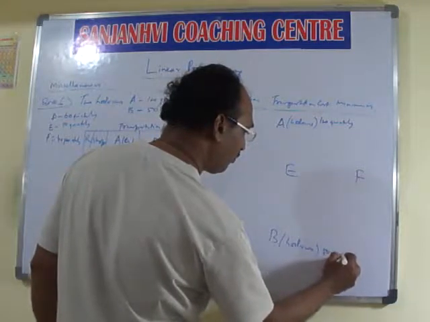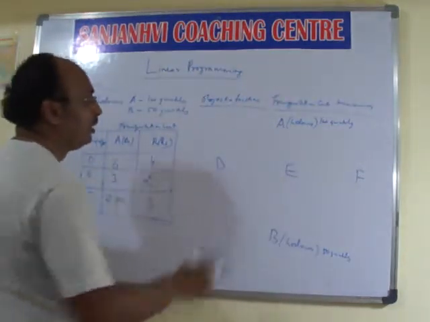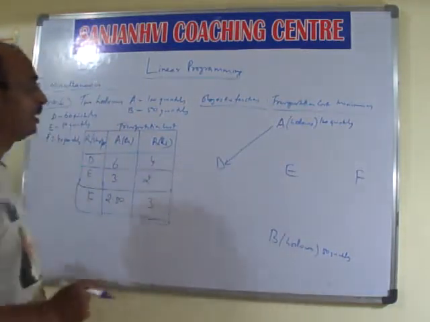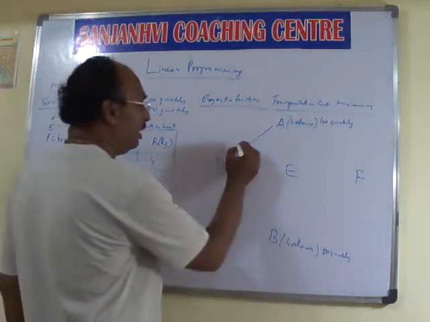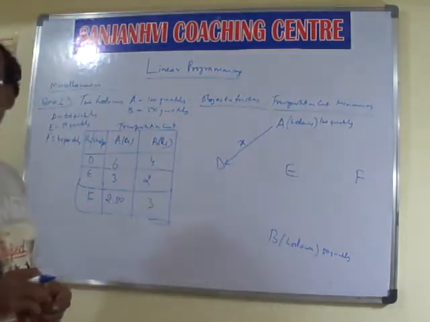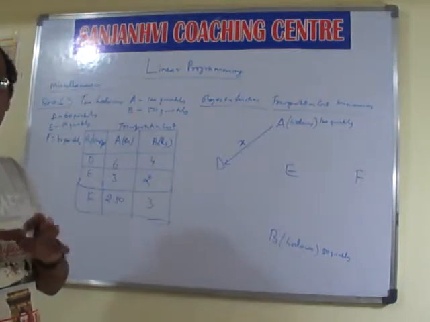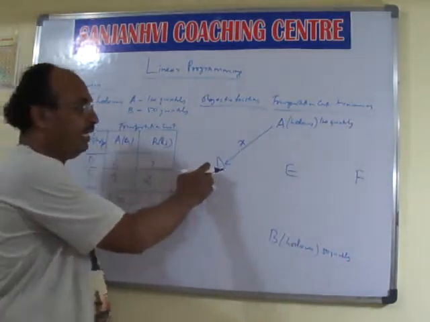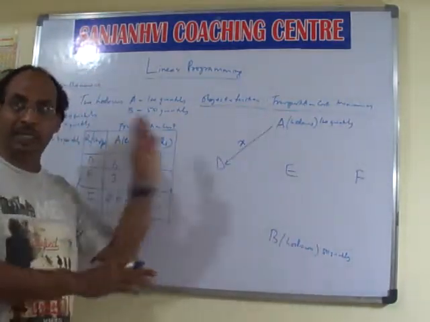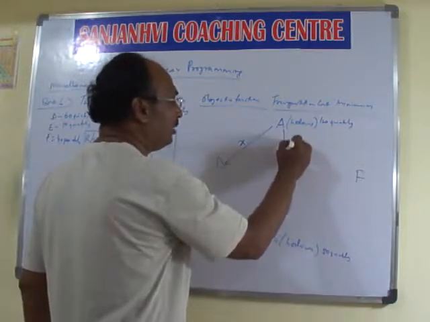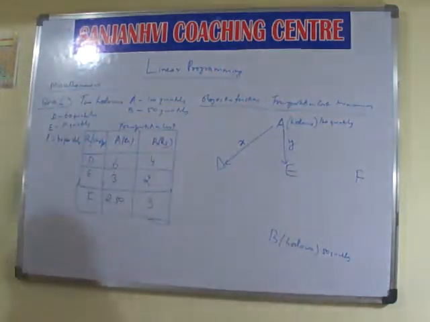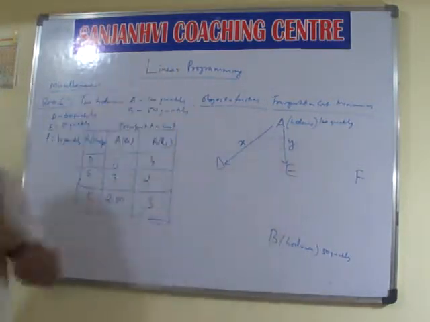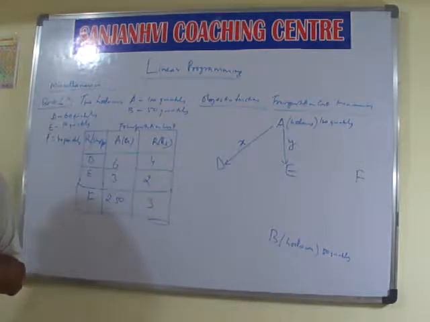Suppose A has supplied X quintals to D and Y quintals to E. To start with, from any godown you can write X and Y blindly. It's not necessary that you always start from here; you can write X and Y here also.